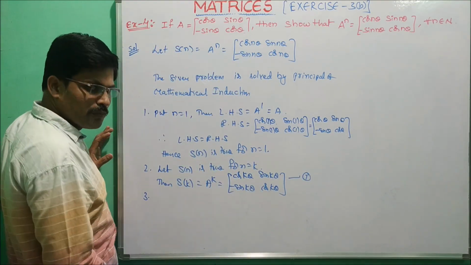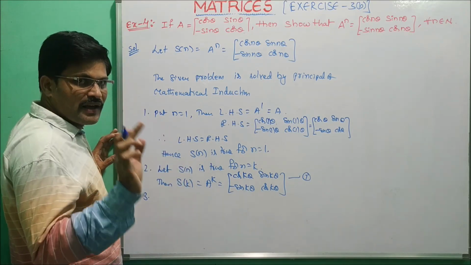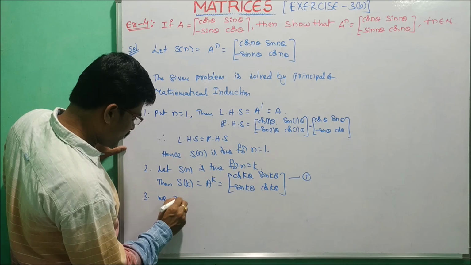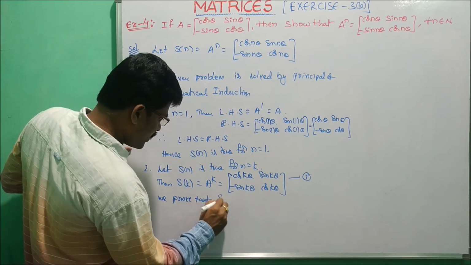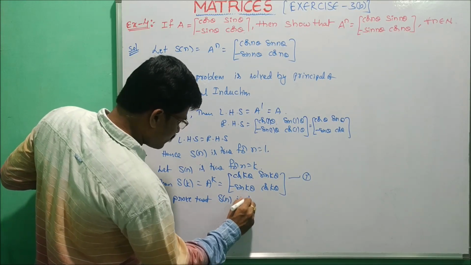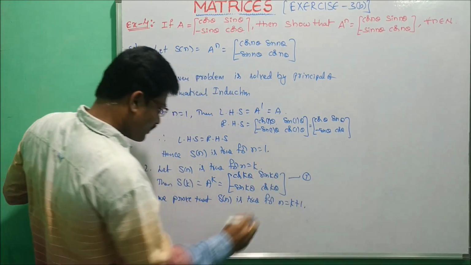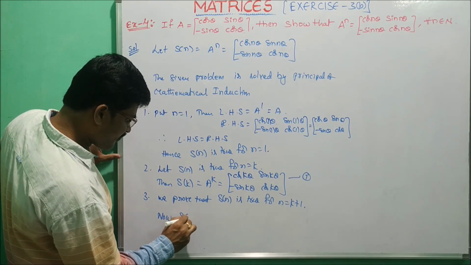Now to prove the given statement is true for n equals k plus 1, we prove that S of n is true for n equals k plus 1. Now we take S of k plus 1.